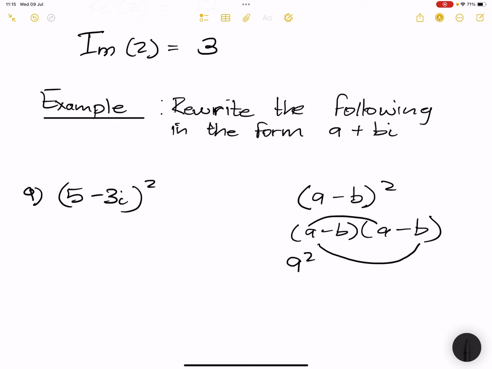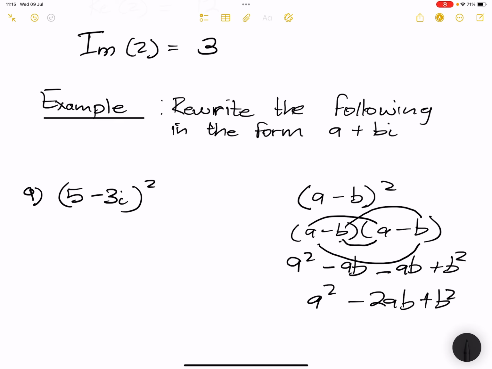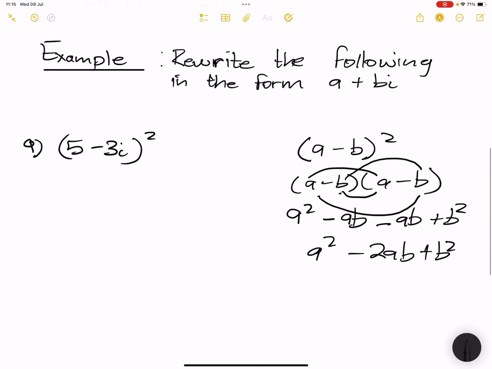Then the outer terms: a times b, that's minus ab. And negative b times a, again, that becomes negative ab, that's inner. And in this case, we end up with the last terms: minus b times minus b gives us plus b squared. So you end up with a squared minus 2ab plus b squared. Okay, right, so that's how we're going to approach it.